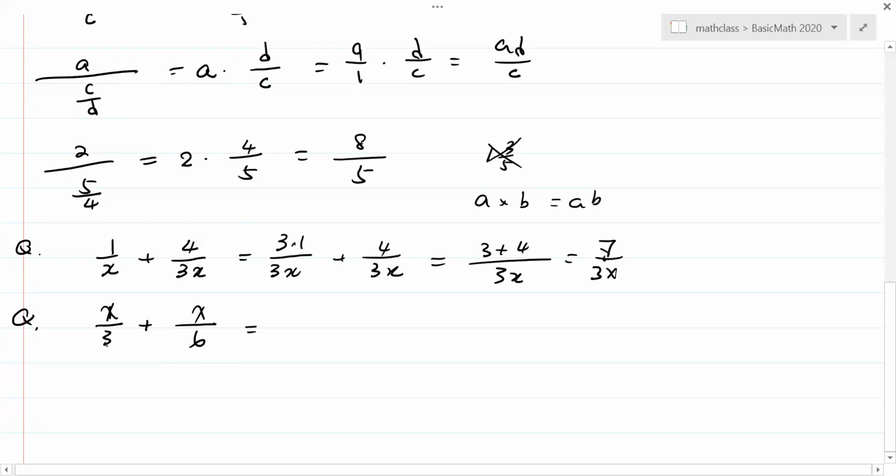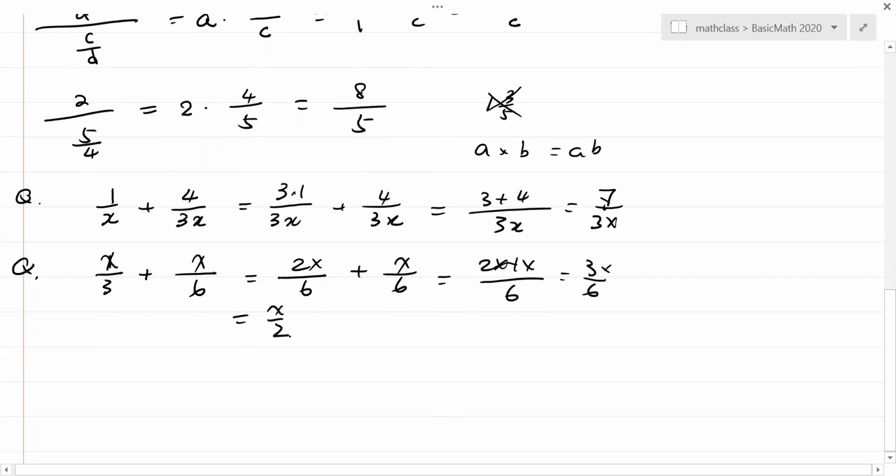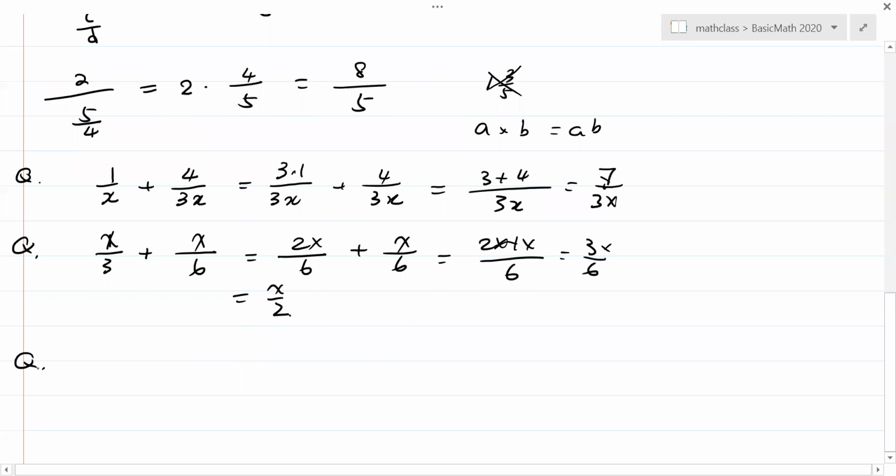Just look at 3 and 6. I only need to multiply the numerator and denominator of the first fraction by 2, so it's 2x over 6. Then I have both denominators 6. 2x plus x is 3x, then 3x over 6 can be simplified to x over 2.